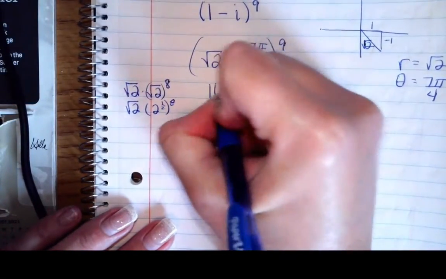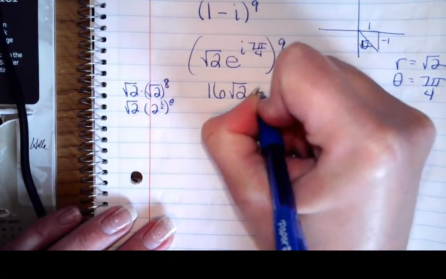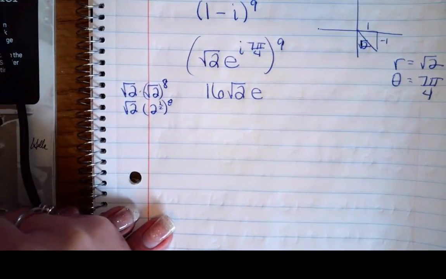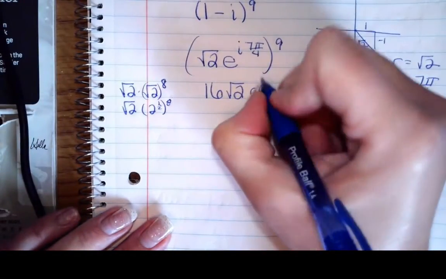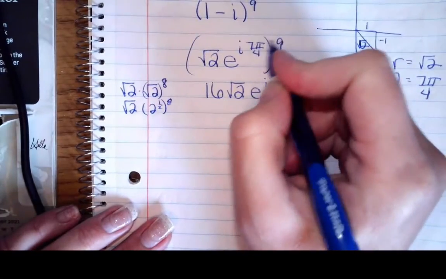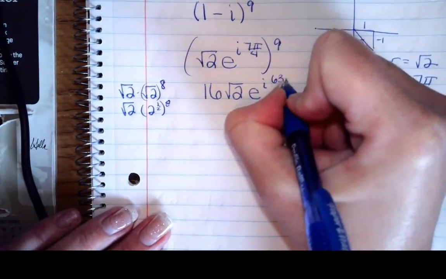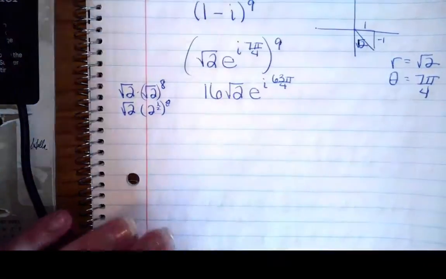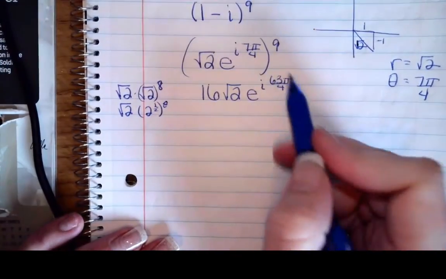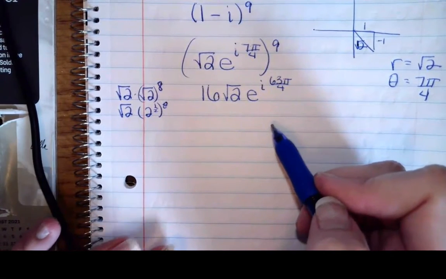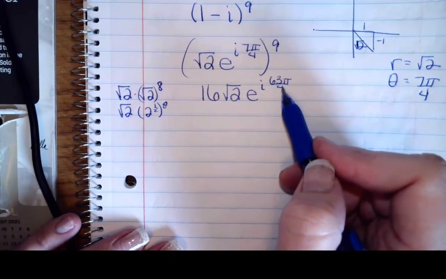So my radius becomes 16 root 2 e to the i 63 pi over 4. I want this to be within 1 lap of the unit circle, so I'm going to subtract off multiples of 8 pi over 4.